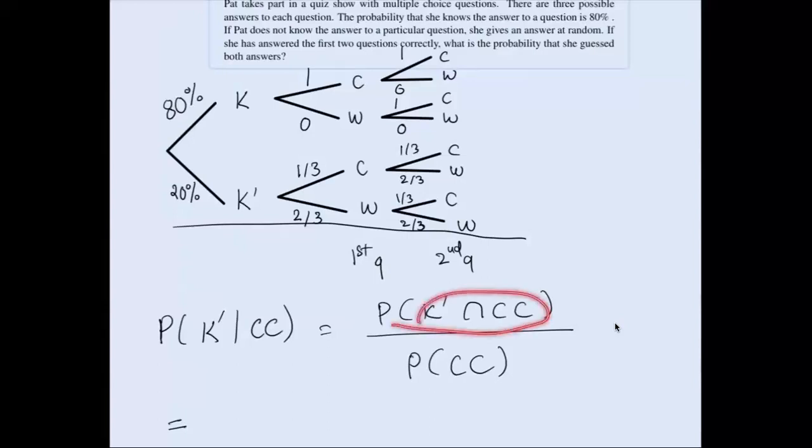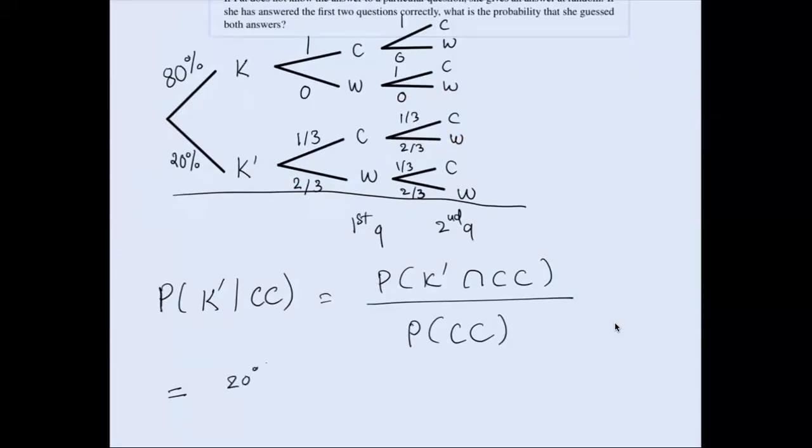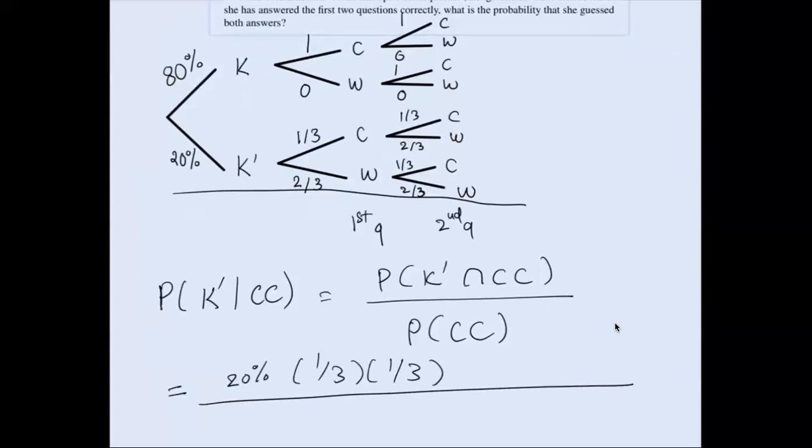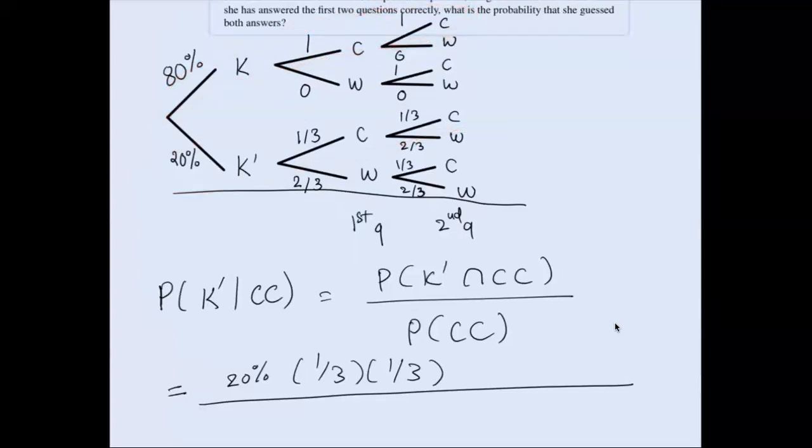The intersection between guessing and getting 2 correct answers is this path here. So I take 20%, multiply with 1/3 and 1/3. And the probability that she got both answers correct is in 2 paths, this path and this path.